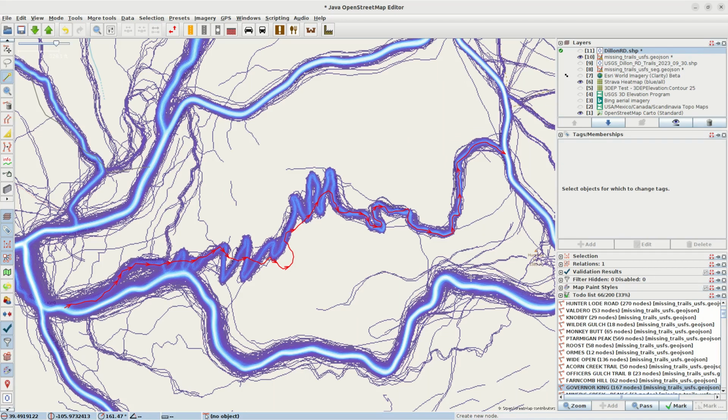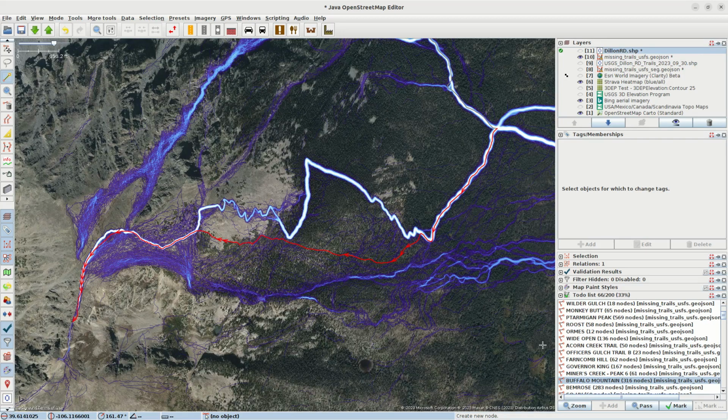This is the Governor King Trail. Again, very different alignment than reality. And USGS has almost the same depiction. All right, Buffalo Mountain. That discrepancy is 1,500 feet, more or less.